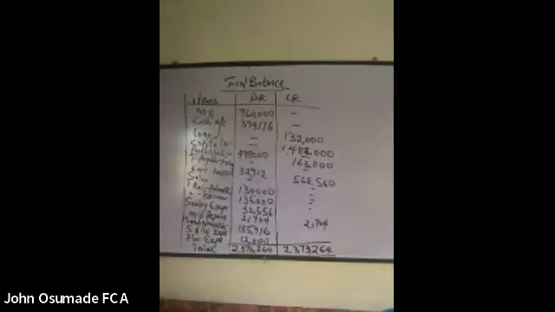Take for example, error of original entry, or error of omission. If you omit a transaction that you were supposed to debit and credit, and you didn't do the debit, you didn't do the credit at all, you didn't even include the transaction at all. The transaction happened, you didn't include it in the ledger account. Your trial balance will still balance.